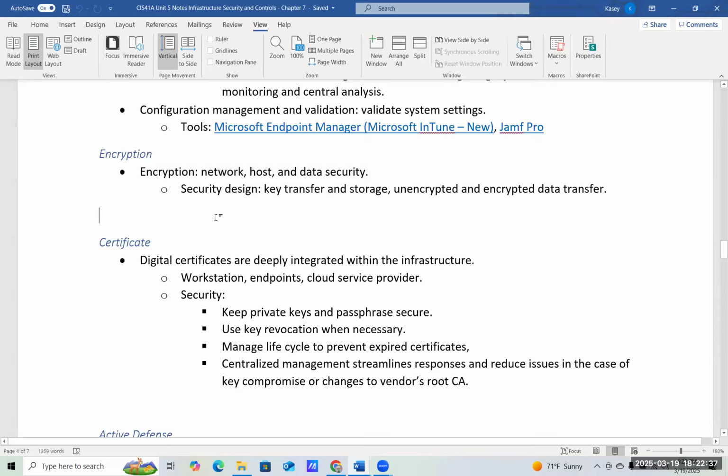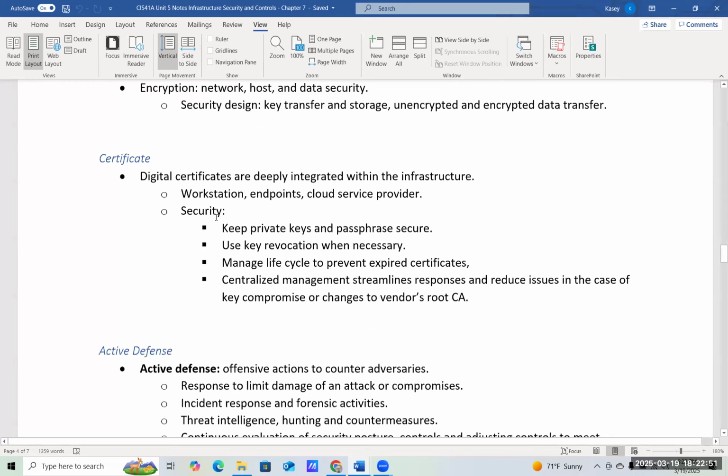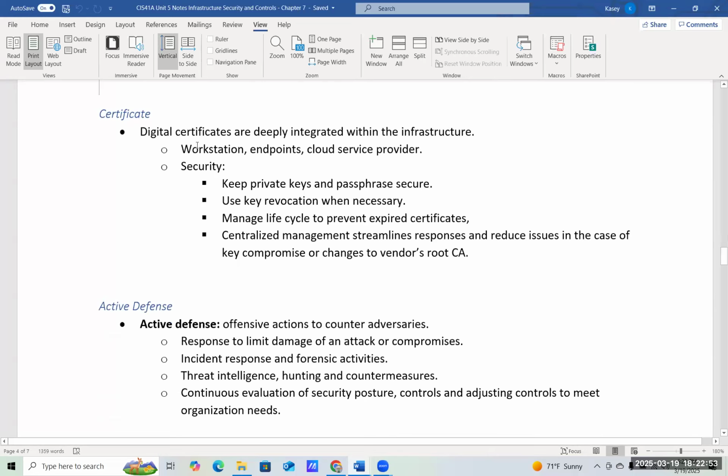Because a lot of people say, oh, just use encryption. That's not just it, right? You use encryption and you have to do more, right, to maintain it, to make sure you secure it. And then the certificate information is here. So digital certificates are for all systems, especially if you're using cloud.